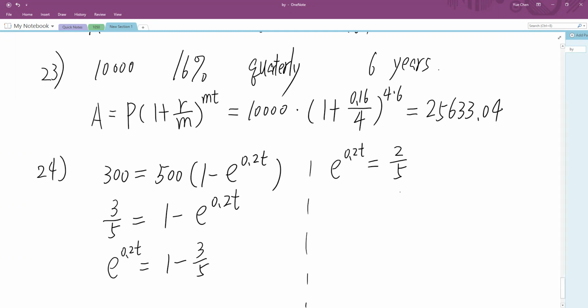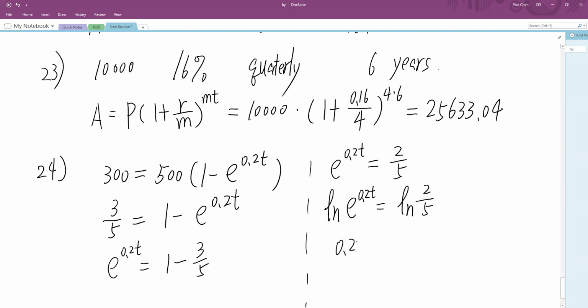After you get this, you can take the natural log on both sides. Natural log of 2 over 5.